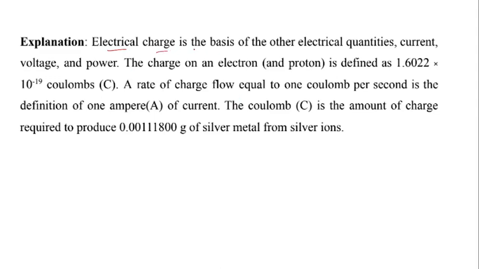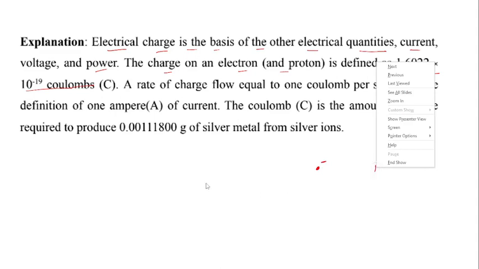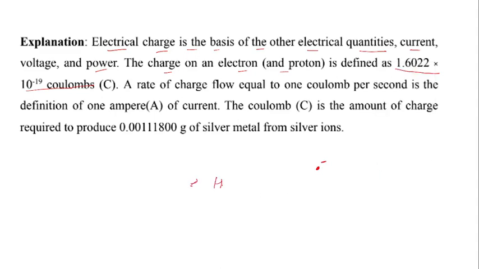Electrical charge is the basis of other electrical quantities: current, voltage and power. The charge on the electron and the proton is defined there. 1 electron and 1 proton; 1 proton we can say is the hydrogen ion, H plus.